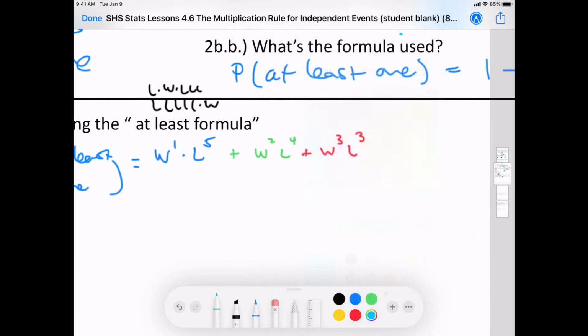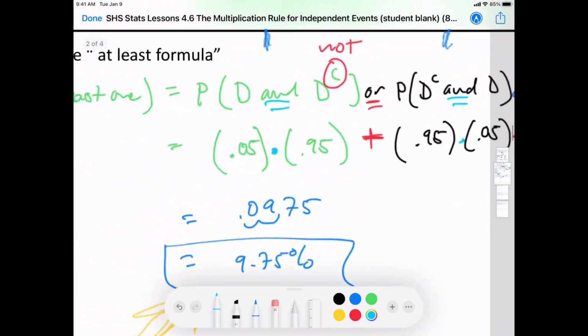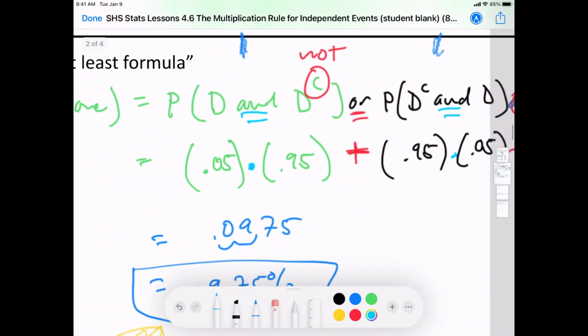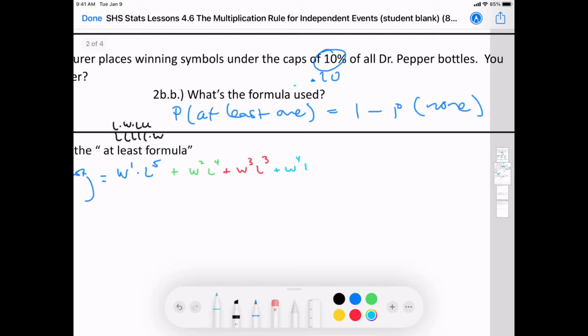This algebraic notation is just making it faster instead of me writing out, like what we did up here, probability to win and lose and lose and lose and lose, right? So 4 winners, 2 losers. We have also 5 winners and 1 loser.